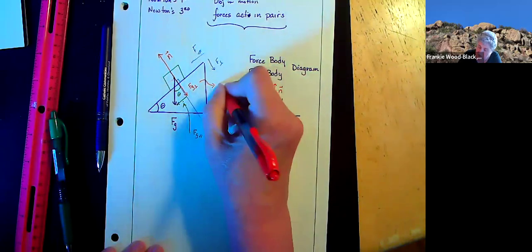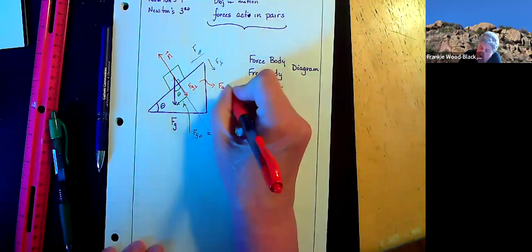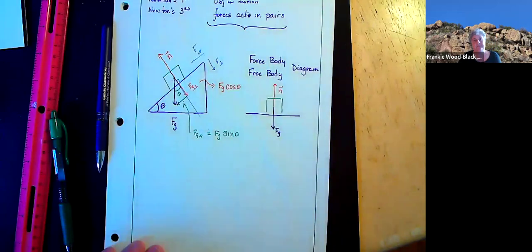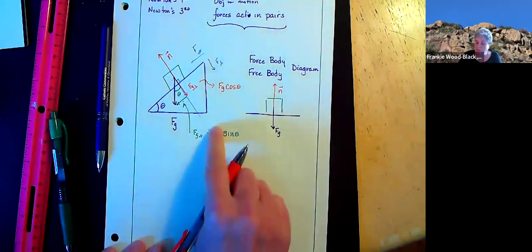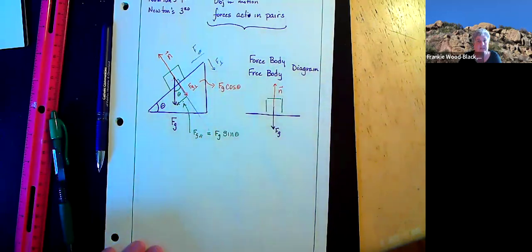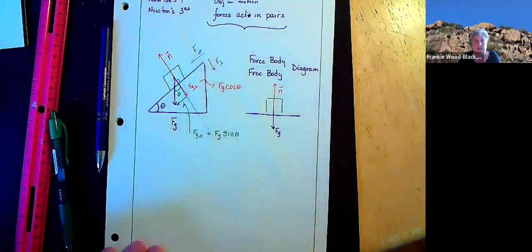And my force perpendicular is going to be the force due to gravity times cosine of the angle, because that's the adjacent side. So if I were writing this out, I've got my force due to gravity and I've got these pieces there. So I can write my components of my inclined plane.